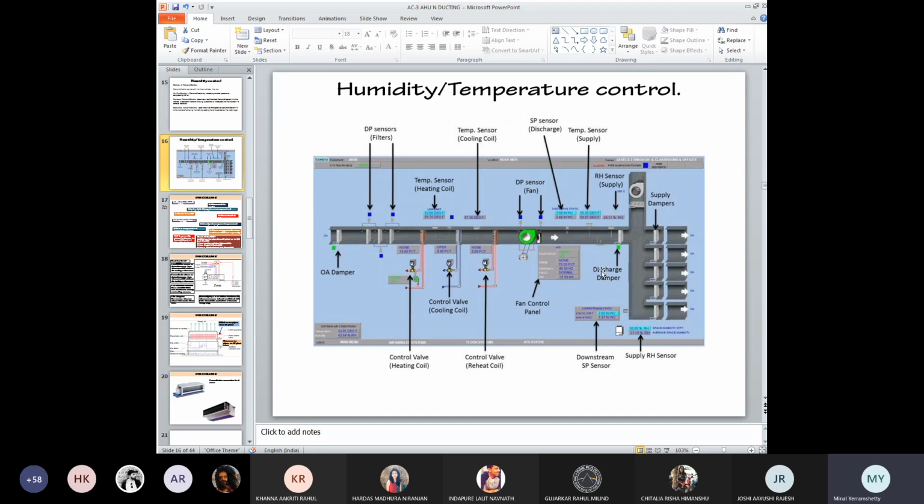You have discharge dampers, fan control panels, control valves. On every coil you will have a control valve because you need to control the flow of the refrigerant or the chilled water, or for air, damper control. All elements will have some kind of control so that the flow can be maintained.